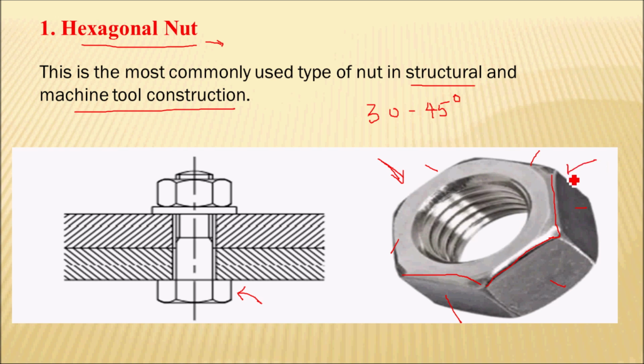As they are hexagonal in shape, they require very little clearance to tighten or loosen, because the spanner has to rotate only a 60-degree angle to tighten or loosen this hexagonal nut. So very little clearance is required in this case.